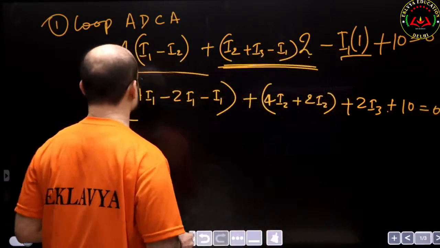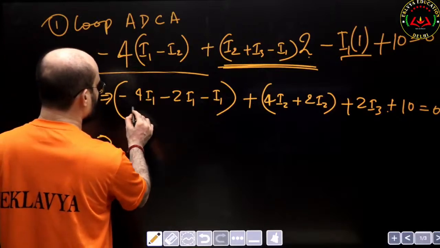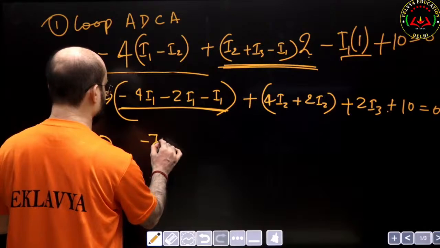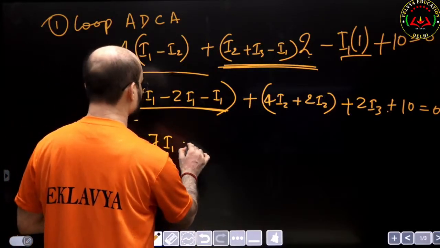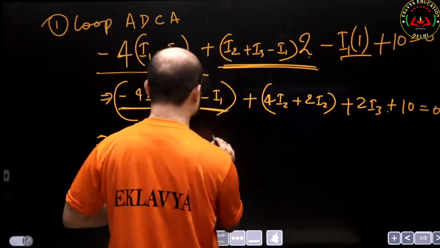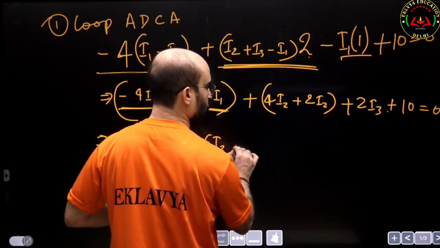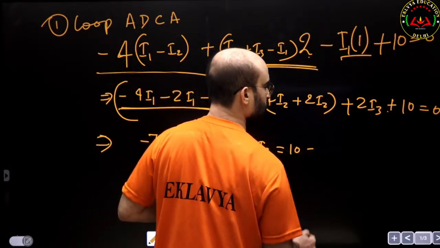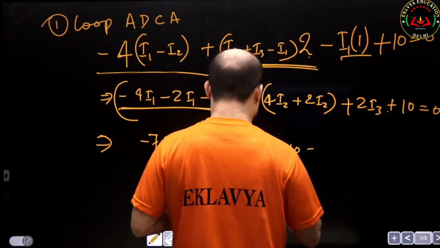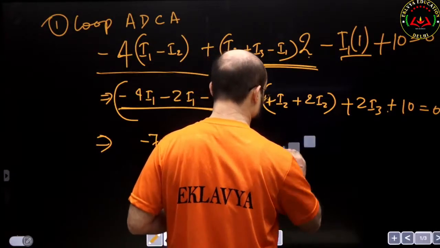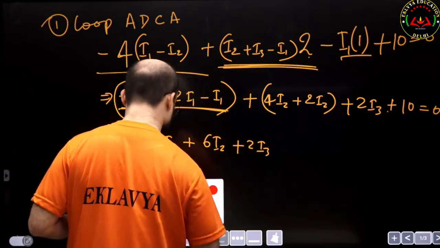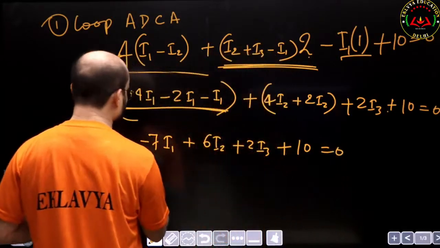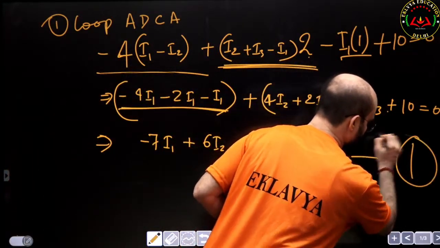So ultimately this comes out to be minus 7I1 plus 6I2 plus 2I3 equals minus 10. So this is our equation 1.